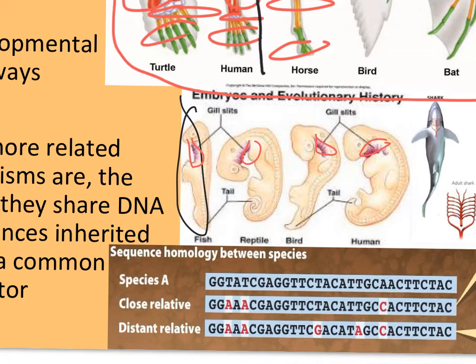They all have tails, every single one of them. But let's see, this reptile, gills show up and then go away as it's developing. The same thing with birds and with mammals, humans. So if you look at an embryo at a certain time of development, you'll see gill slits in human embryos. They then go away. In the fish, we don't see that. They show up and they stay there.